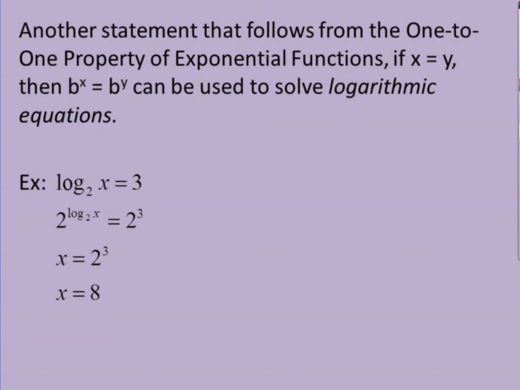As long as you keep the bases the same, you can always take what's on your left side of the equal and the right side of the equal and make them the exponents. Now remember, 2 and log base 2 just cancel, and I'll just leave you with x. So x is equal to 2 to the 3rd power, or x is equal to 8.